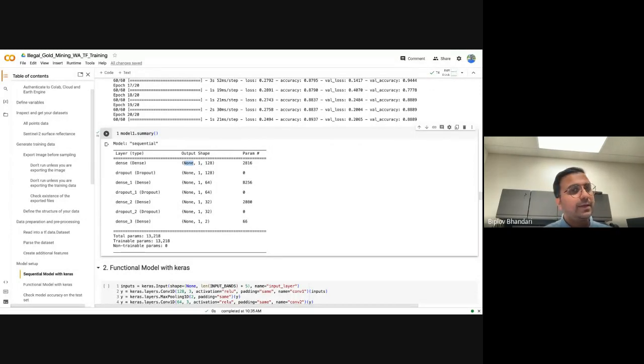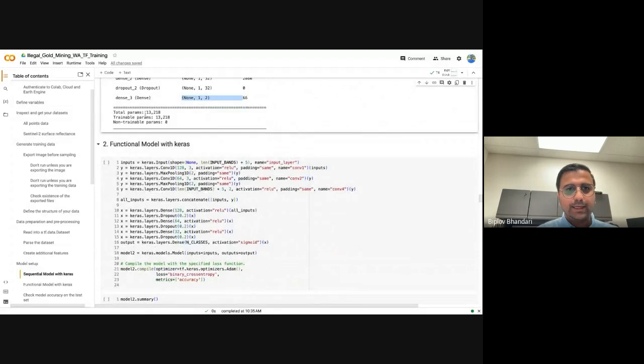You could have as many batches of data as you want, so None simply signifies that it can accept as many batches of data as it can. And then dropout, another dense layer with 64 neurons, dropout, another layer with 32 neurons, dropout, and then our final neuron with the desired number of classes. So there are around 13,000 parameters that this model is training.